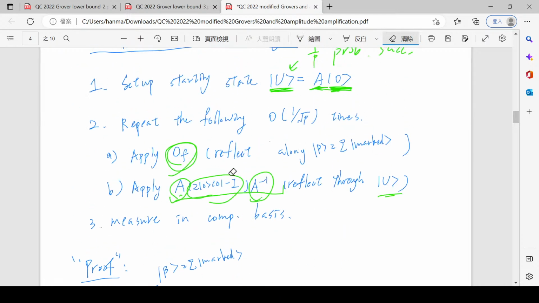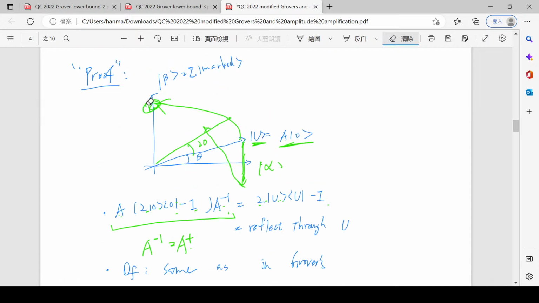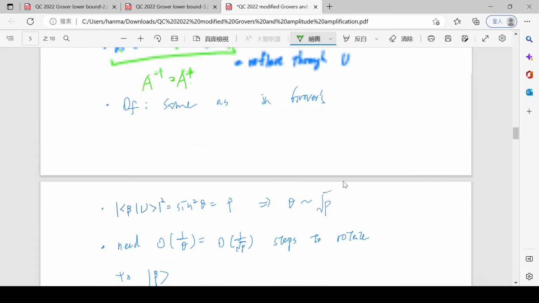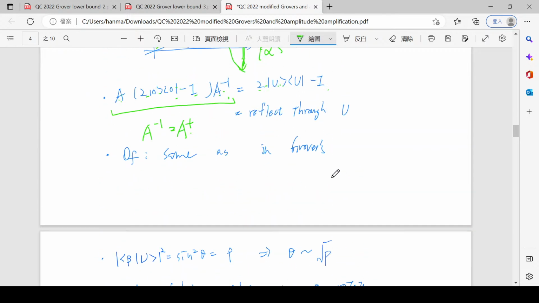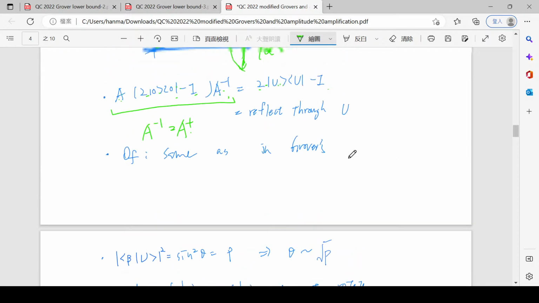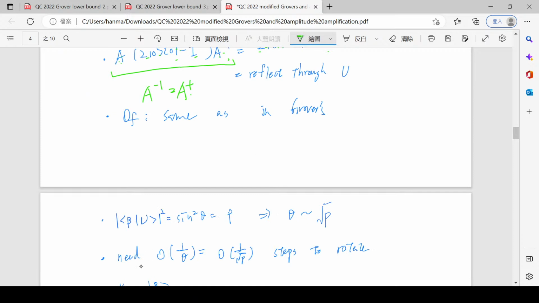And so you see that you are doing two reflections, and so now you apply the Grover logic, and you should arrive here in 1 over theta times. And now the only question left is what is this theta here? Theta is related to P in this way. If you think about the inner product between this U vector and the beta vector squared, in the picture that should be sin squared theta.